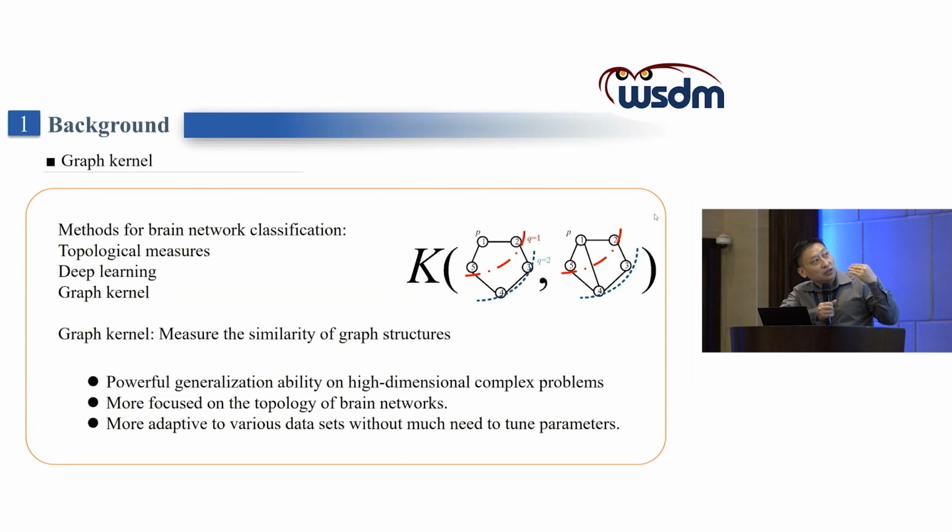You will see that the left graph has 2 degree 1 neighbors and 2 degree 2 neighbors, but in the right graph, we have 3 degree 1 neighbors and 1 degree 2 neighbor. That is why there is some difference in the structure of these two, and that we call a graph kernel.